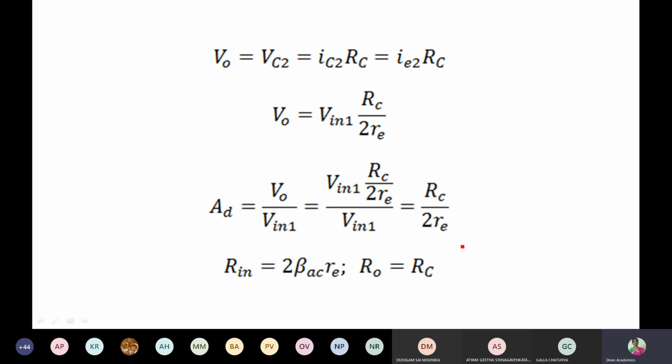In the previous case, single input balanced output differential amplifier, VO is equal to VC2 minus VC1, right? Now for this unbalanced differential amplifier, VO is equal to VC2 only, because we are taking output at the collector of the second transistor only.